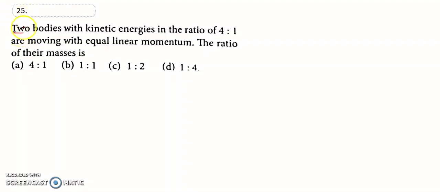Okay, next, 25th. Two bodies with kinetic energy K1, K2, moving with equal linear momentum. So linear momentum P is the same. The ratio of masses. What is the relationship between kinetic energy and momentum?